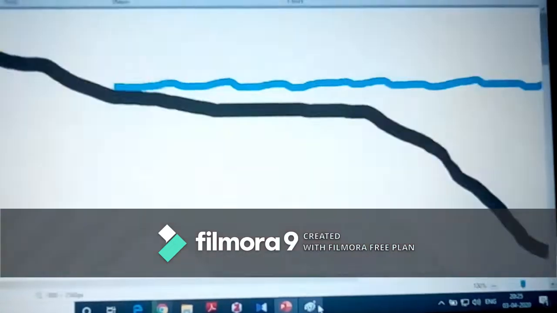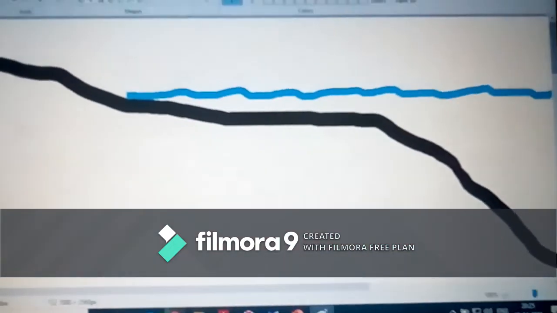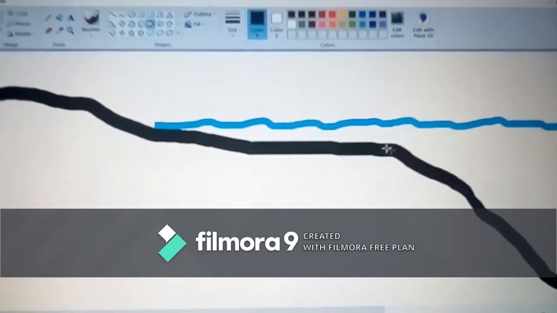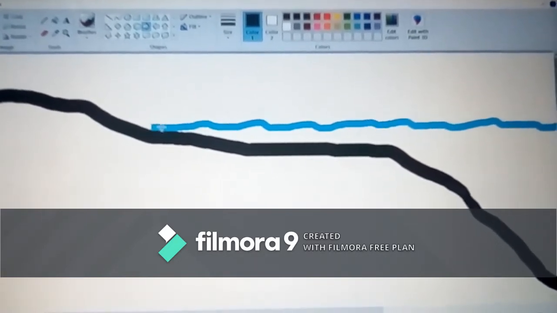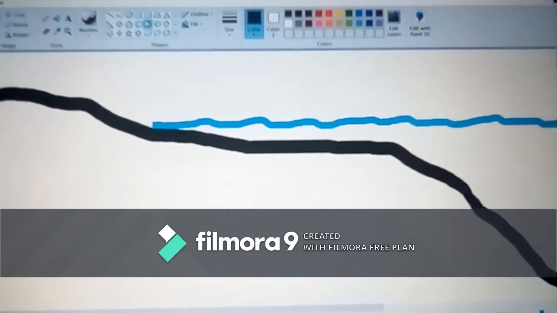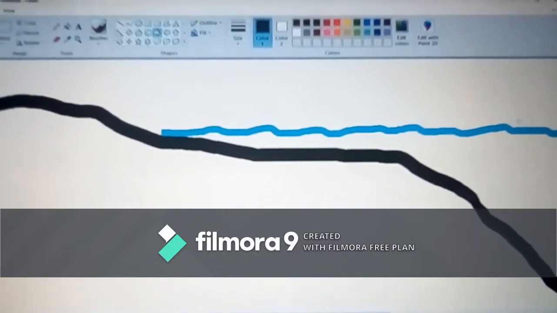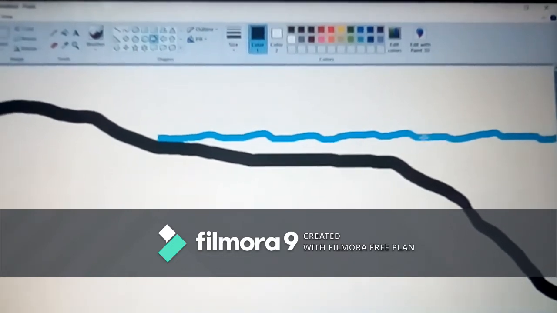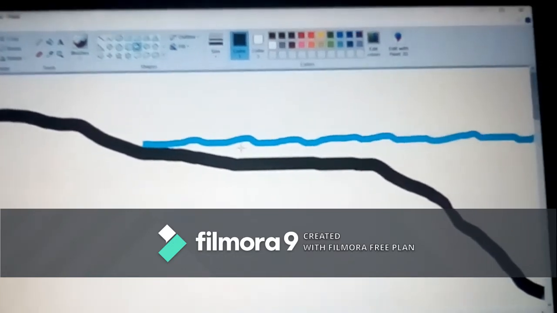Suppose I draw a schematic diagram. This is the present day base level, the black line, and this blue line indicates the present day mean sea level. That is the sea level up to which we can observe the present day waters in the ocean.